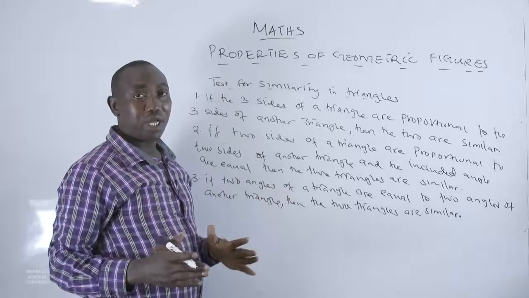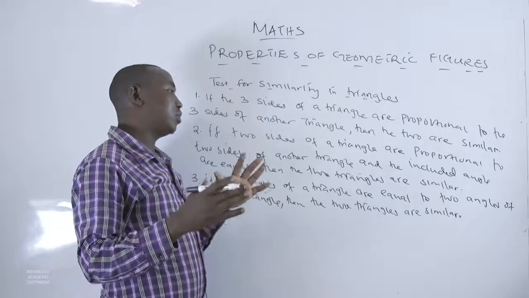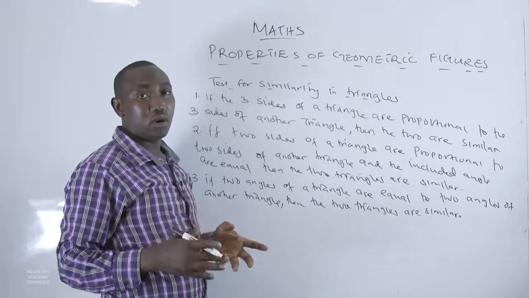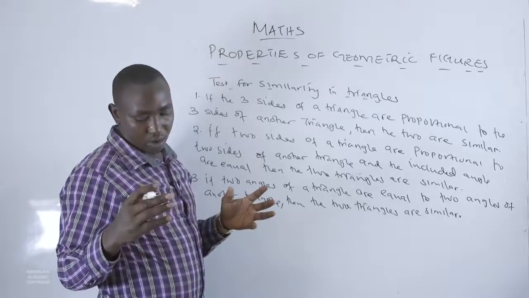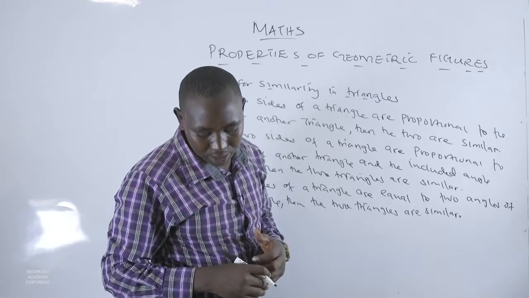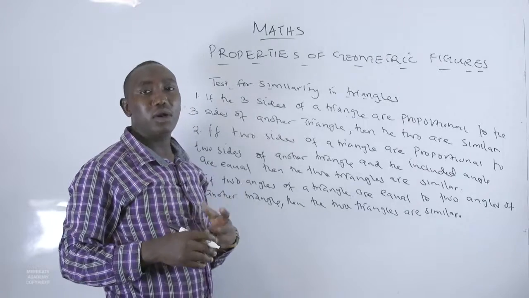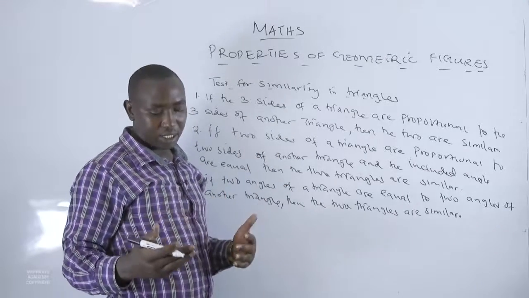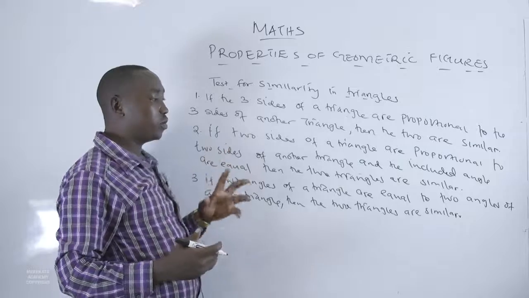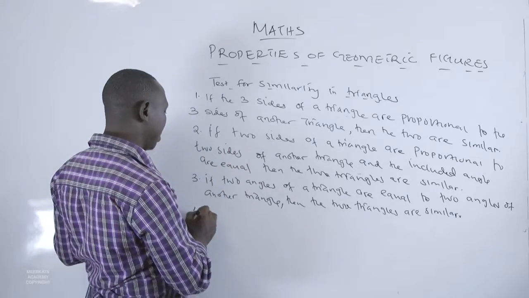So in that particular aspect, two angles are equal, then we have one side that is going to be equal, then that will automatically tell you that those two triangles are going to be similar.